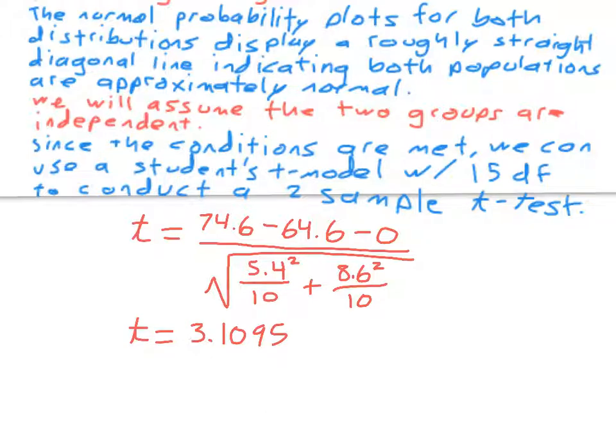Okay, the next thing I need to write is the p-value. So the p-value is 0.00356.